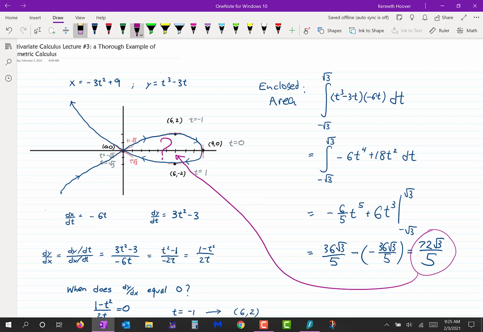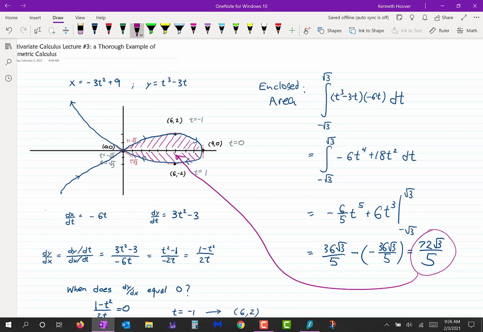Now, I want to talk about that for a minute because this is more interesting than you might realize. Whoops, I didn't mean to erase that. Isn't it the case from Calc 1 that this area would be positive because it's above the x-axis, and this area would be negative because it's below the x-axis, and it's a symmetric picture, so wouldn't you have expected those two halves to cancel each other out?